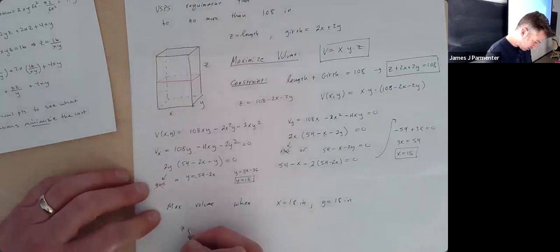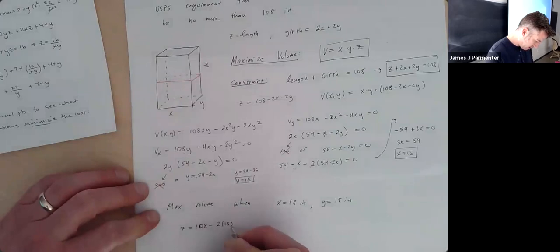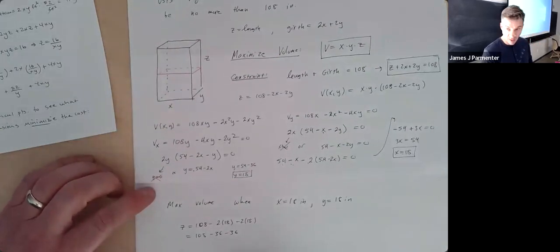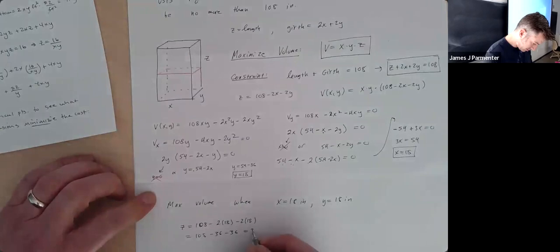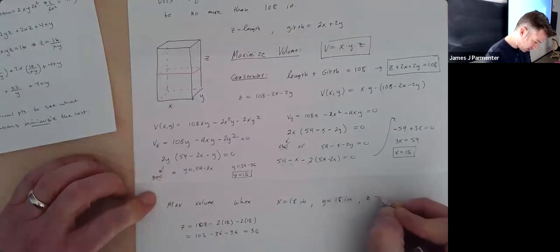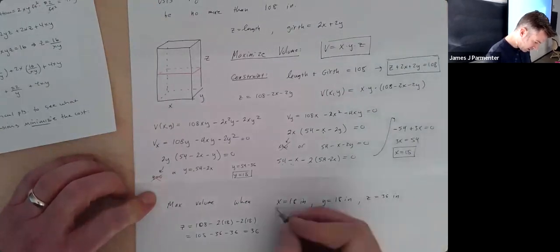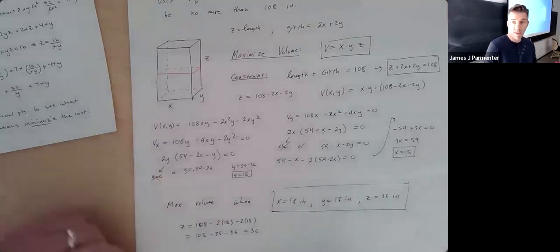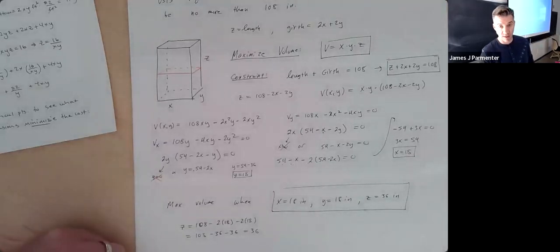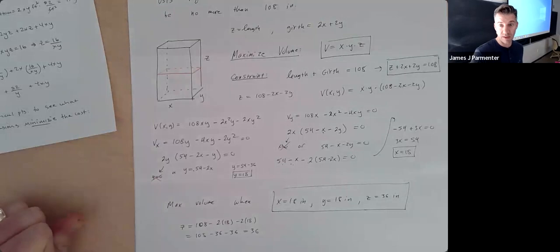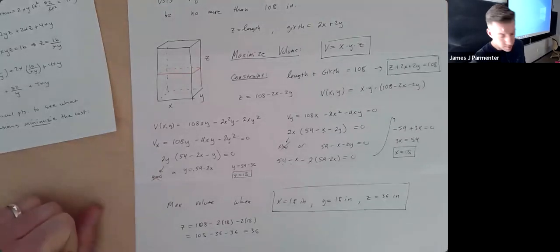So z is going to be 108 minus 2 times 18 minus 2 times 18, which is 108 minus 36 minus 36, which is going to equal 36. So Z is 36 inches. These are the dimensions of the box with maximum volume that meets the constraint that the length plus the girth is less than or equal to 108 inches. Cool. Okay.